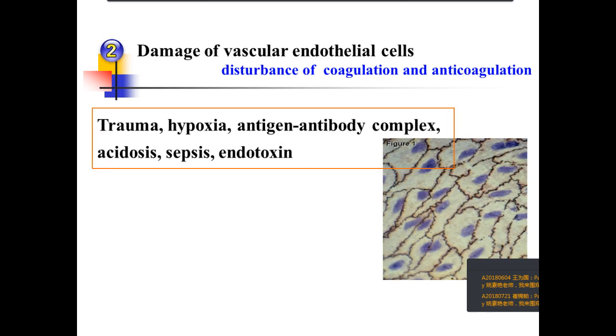Now the second, damage to VEC. What can damage VEC? Trauma, hypoxia, antigen-antibody complex, acidosis, sepsis, endotoxin. So we know severe infection, severe hypoxia, and severe acidosis can damage VEC and lead to coagulation function increase, and the patient may have hyper DIC.